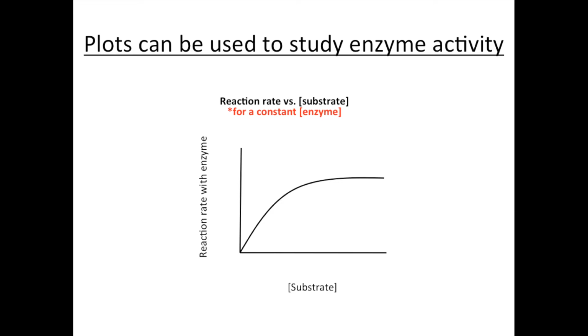This is the point at which we've hit Vmax. Vmax is important because once we know Vmax, we can figure out what 1/2 Vmax is, and that's the key piece of information that we need to find Km. Km is the substrate concentration at 1/2 Vmax, and it can help us understand how efficient the enzyme is and how well it interacts with the substrate.